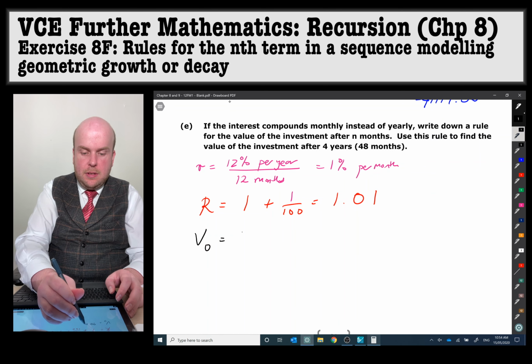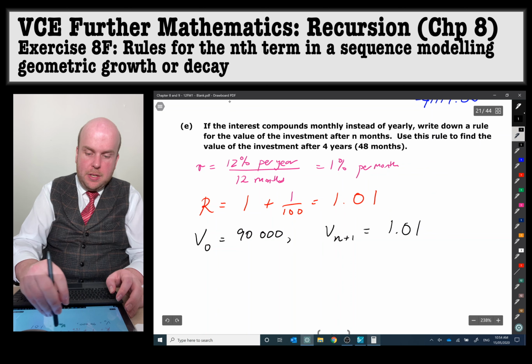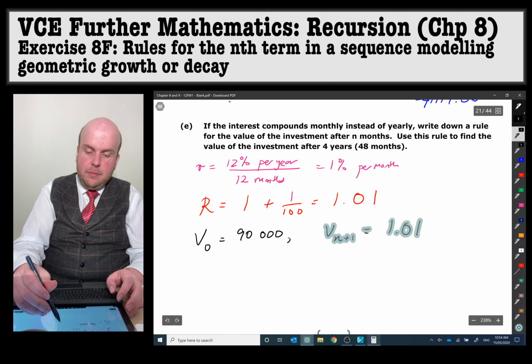And in this case, Vn plus 1 is equal to 1.01. Actually, we want a rule, not a recurrence relation. Better go and get my things right. So Vn is equal to 1.01 to the power of n times 90,000.